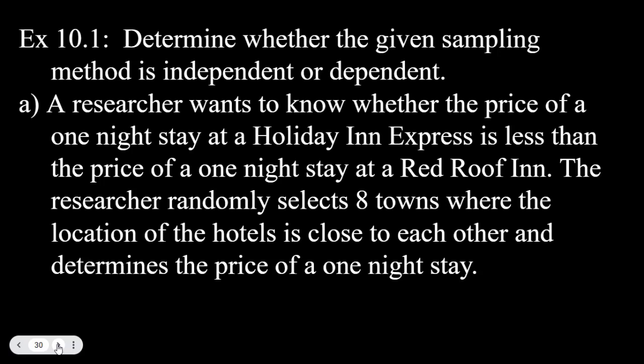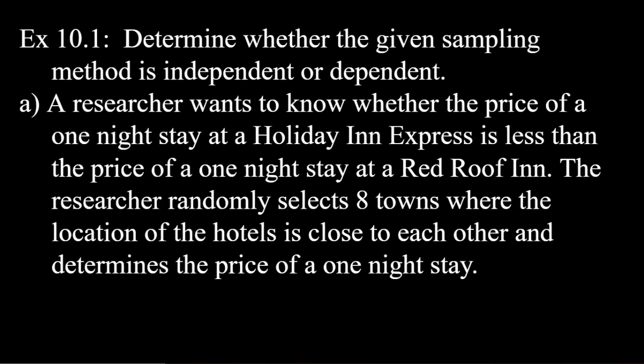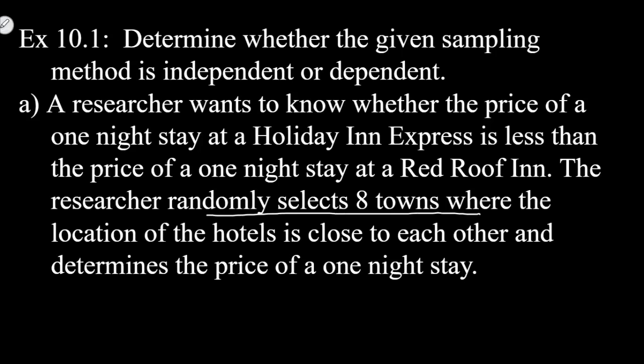In this case, this would be a dependent sampling. The reason this one is dependent is because the researcher is randomly selecting 8 towns where the hotels are close to each other. So once he picks a town, basically he's choosing the town, and then that town has to have a Holiday Inn Express in it, and it has to have a Red Roof Inn.